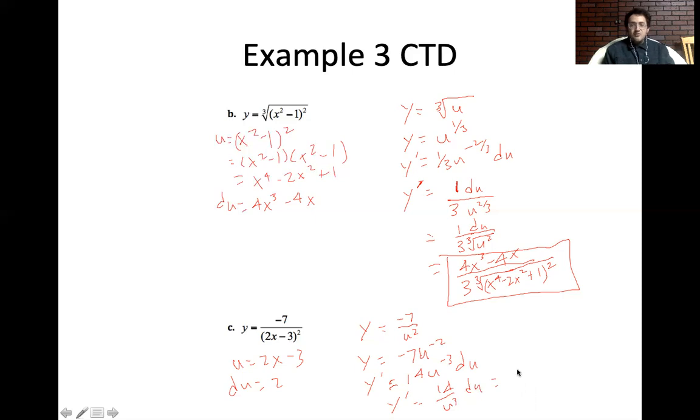And lo and behold, we get 14 over 2x minus 3 to the 3rd times du. This would be 28 over 2x minus 3 to the 3rd.